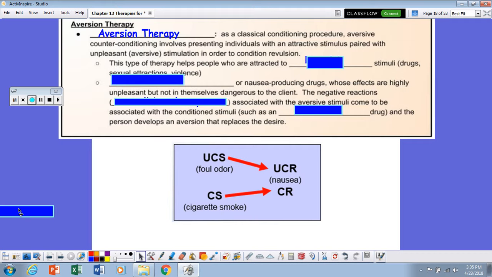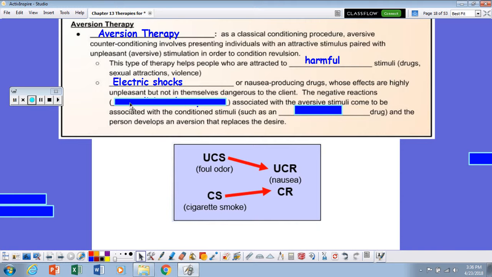This type of therapy helps people who are attracted to harmful stimuli like drugs, sexual attractions, or violence. Another way of dealing with this is electrical shocks or a nausea-producing drug whose effects are highly unpleasant but not themselves dangerous to the client.